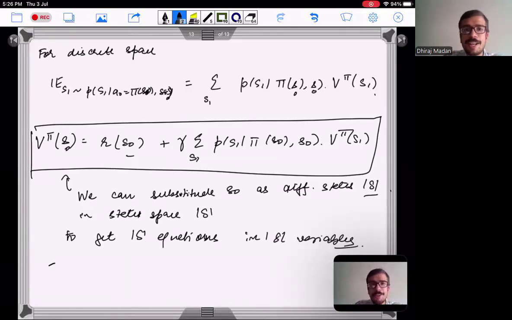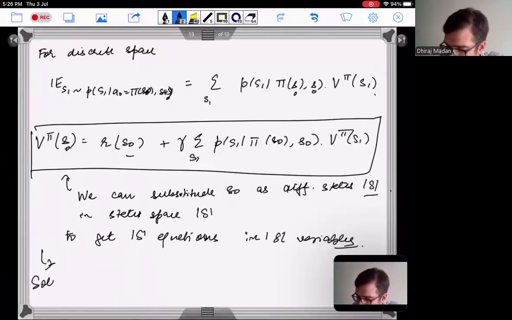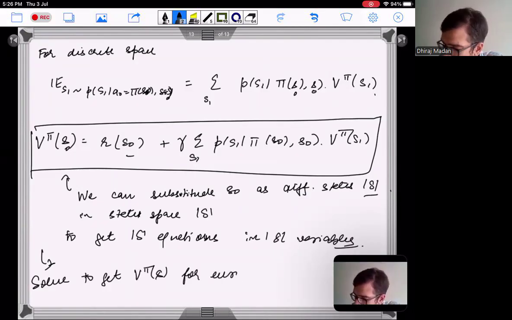So if you solve for it, you will get the value of V pi S for every S.